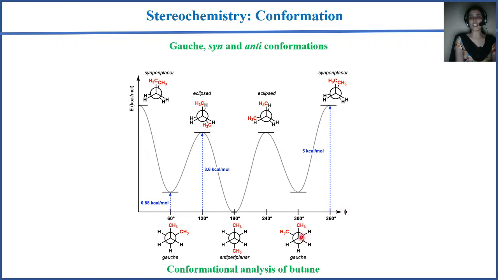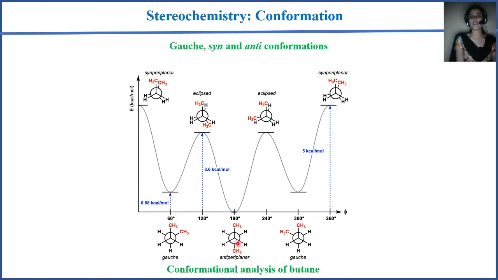And after rotation of 60 degrees, we will get the previous one, which is similar to the first one. Now, if we consider the energy content between these 3 conformers, in the energy profile diagram, they belong to the energy minima position. This is an energy minima position, this is an energy minima position, and this is again an energy minima position.